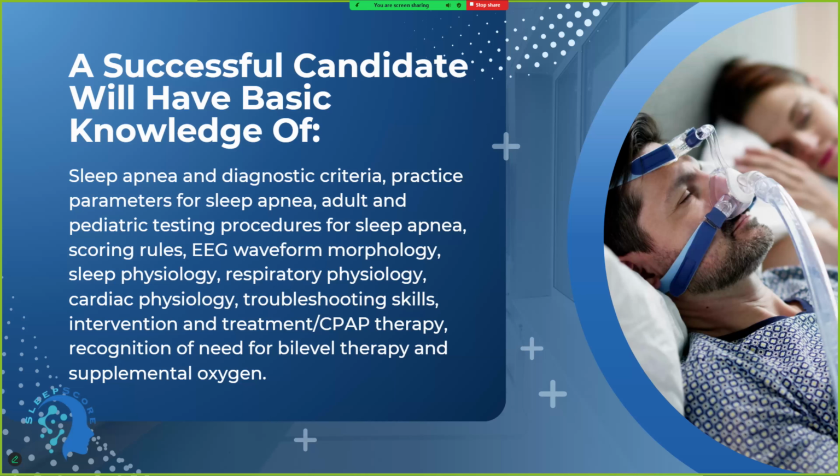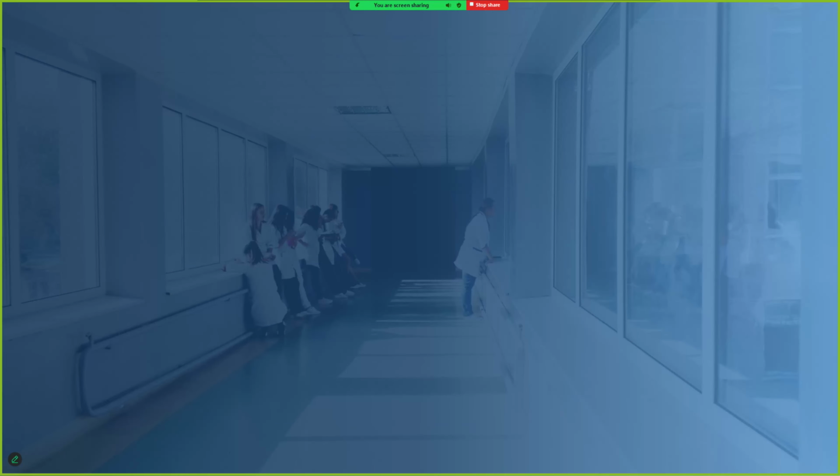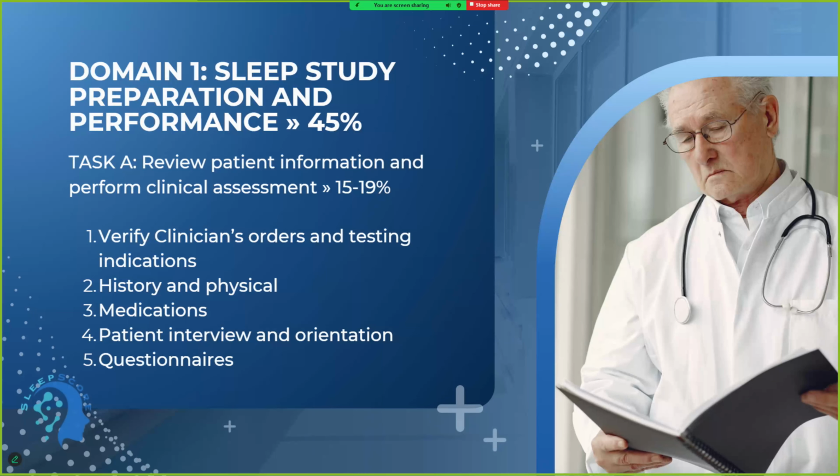There's CPAP, and then there's BiPAP. BiPAP is a little bit higher level, a little bit more complicated therapy. So whether the patient needs that or not, we will understand that also. And some people may have an oxygen problem, and we will understand how to administer oxygen.